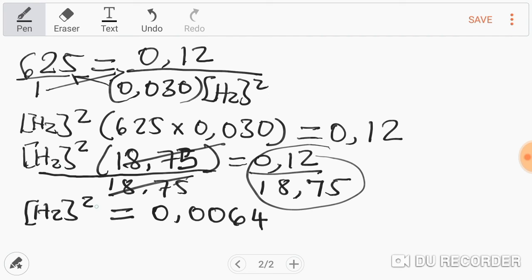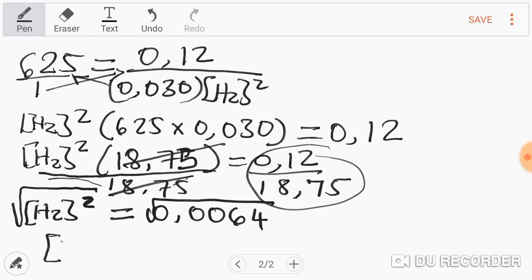So now if we want to remove the power, we take the root of both sides, right? I'll make another video to show you what happens to the root when you are taking powers.